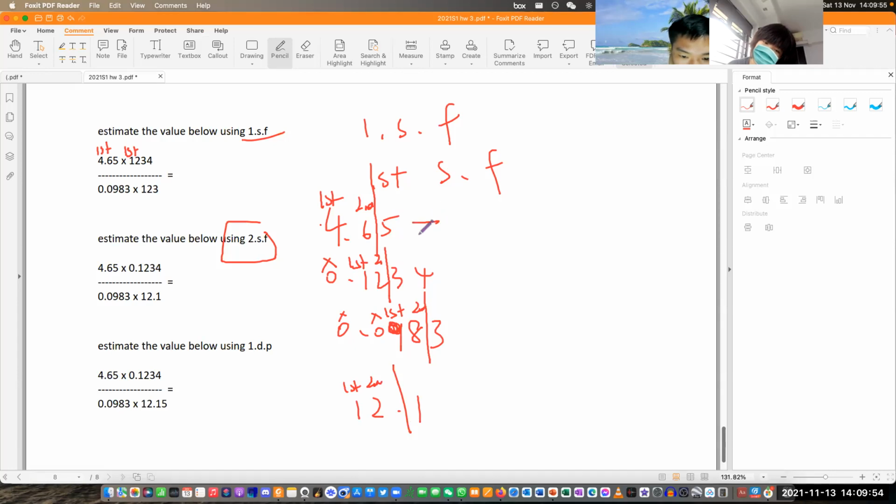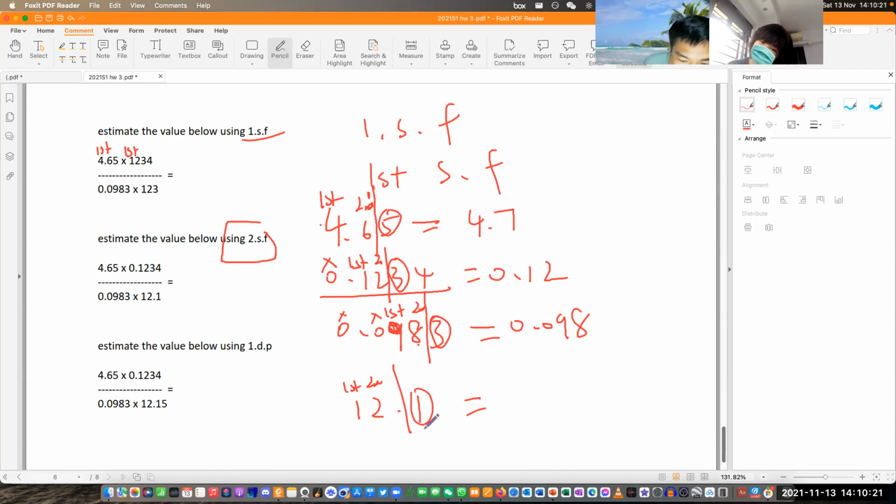Okay, good. So this one, round up or round down? 5, round up. So it's 4.6, rounded up to 4.7. This one, 0.12. I look at the 3, round down, so it's 0.12. Next, this one, 3, round up or round down? Round down, 0.098. Then next, 1, round up or round down?